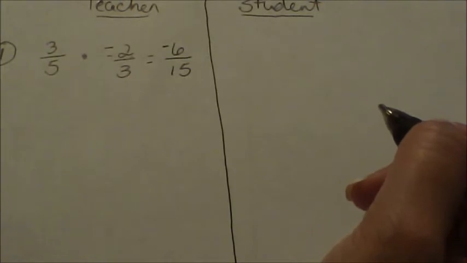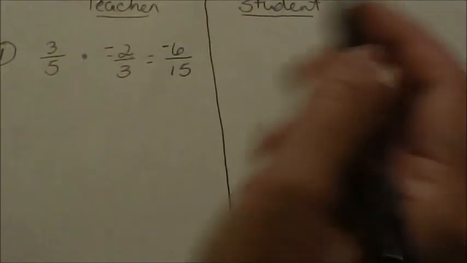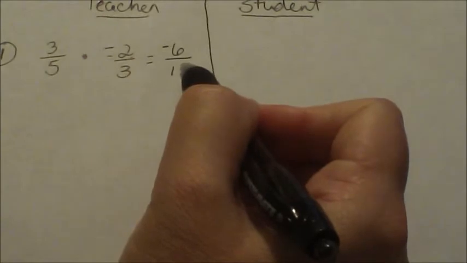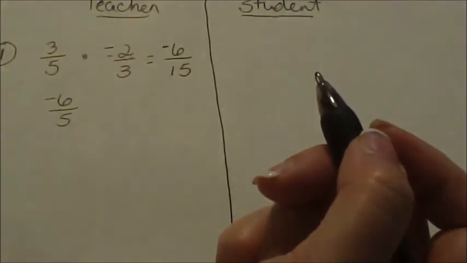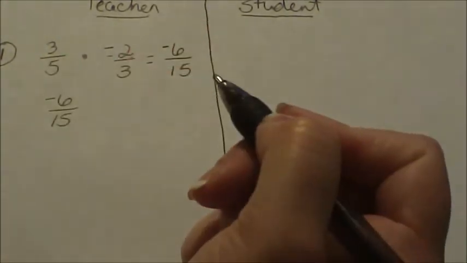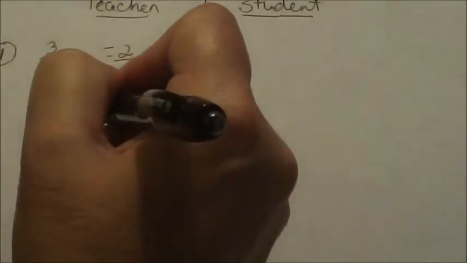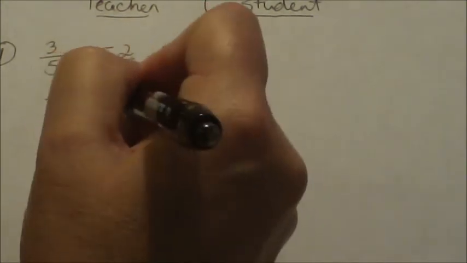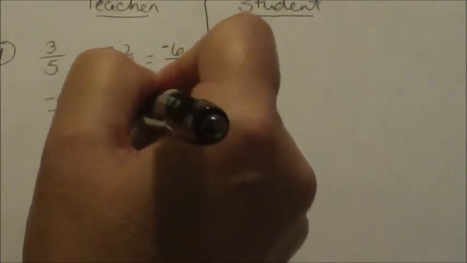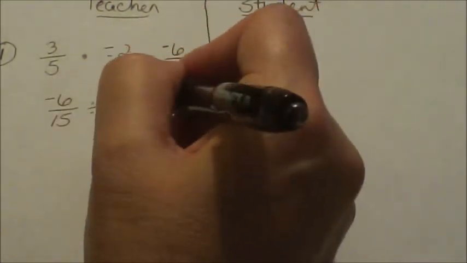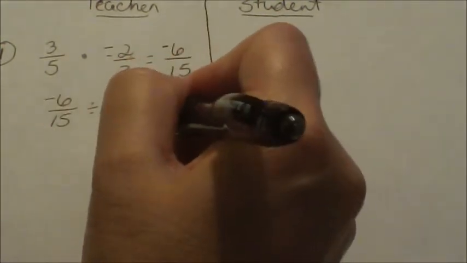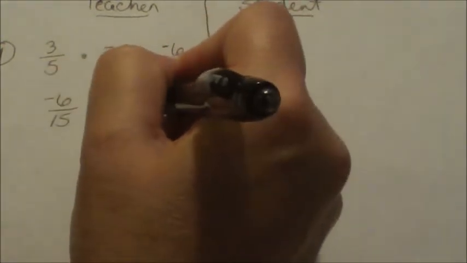But I do have to pay attention to step number 5, which says to simplify, because this fraction will reduce. 6/15. Each of these numbers have a common multiple. They're both divisible by 3. So I'm going to divide both the top and the bottom by 3, and I'll get 6 divided by 3 is 2, and 15 divided by 3 is 5. And remember, my answer has to be negative.